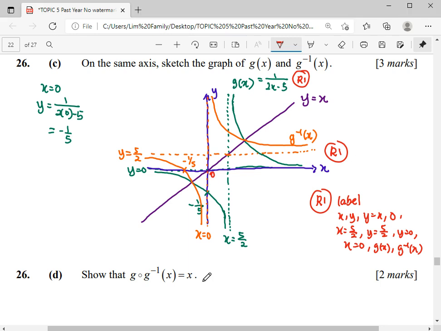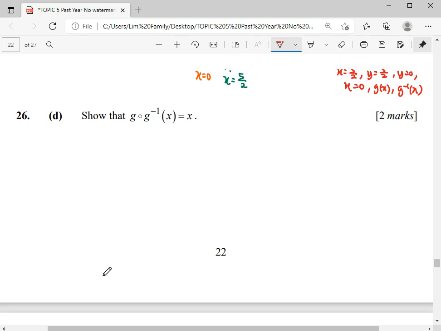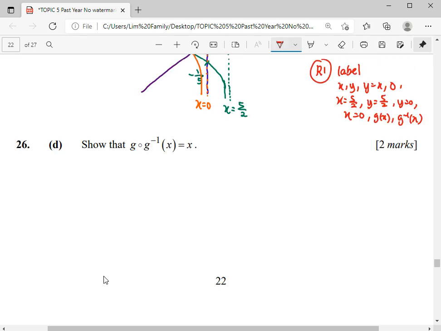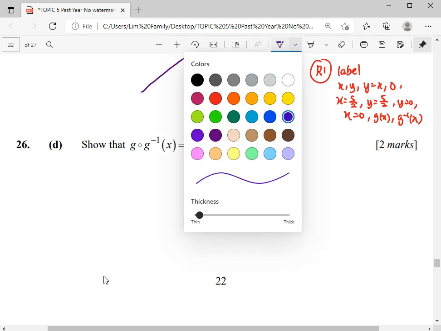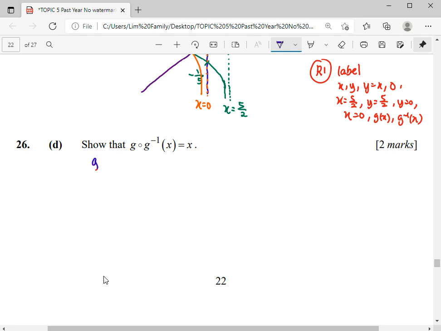Okay, so we continue to D. We are going to show that G composite with inverse function of G will get x. So it means that we're going to calculate this out until we get the answer of x. So this is how we perform our working. So G of G inverse. Substitute our inverse function here.